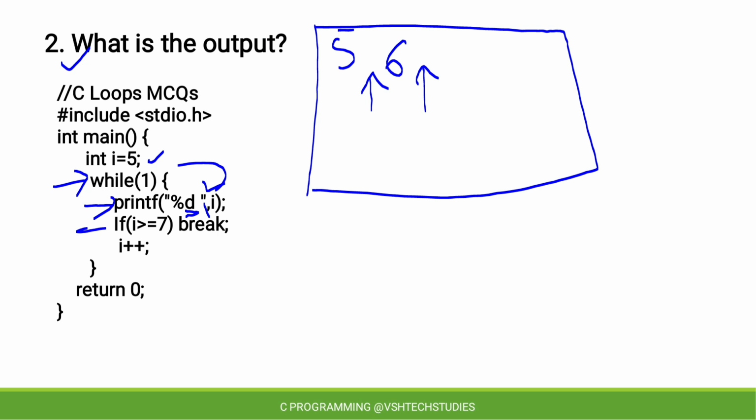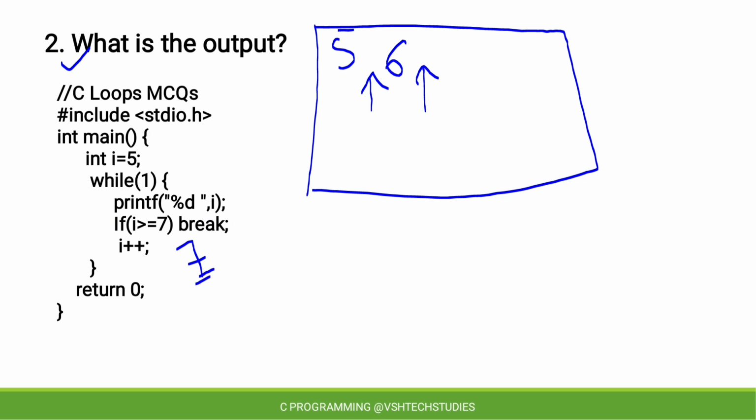So next instruction, if I greater than or equal to 7, I is 6 now. So it will not break. I is incremented, so I is made 7. Then loop end. So control goes back to the while loop. Second iteration is over now. So I has become 7, that we should remember.